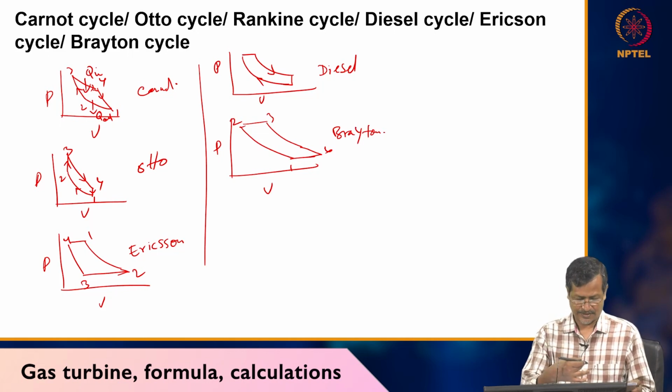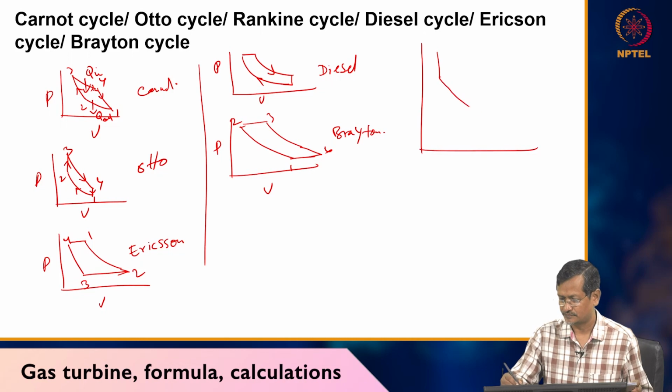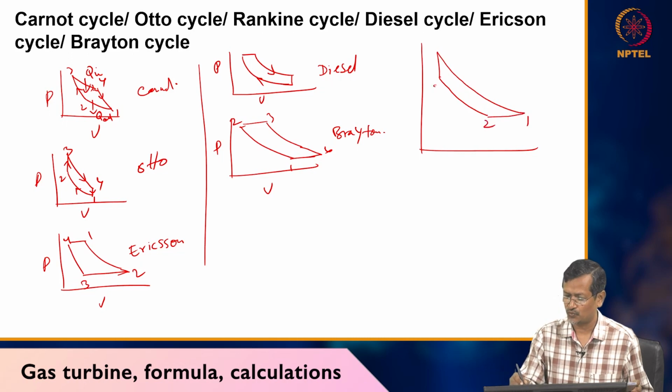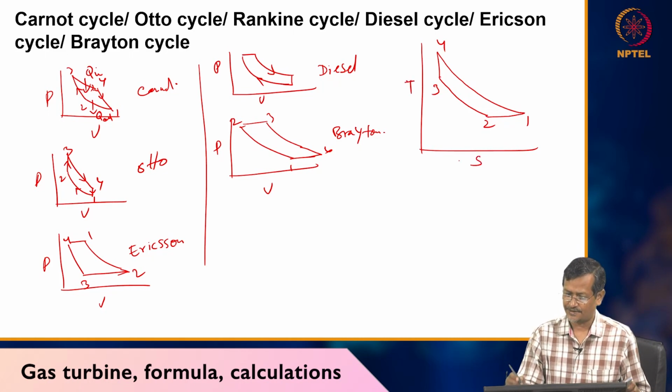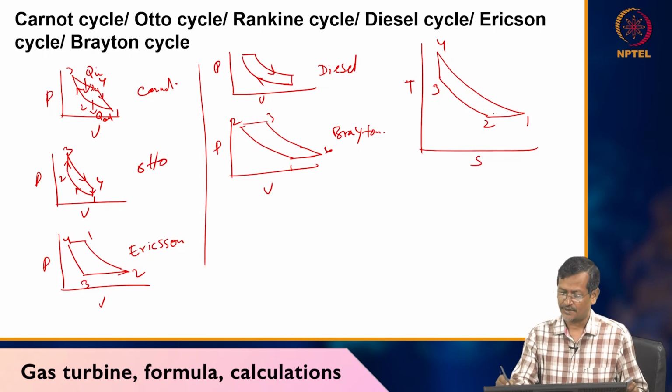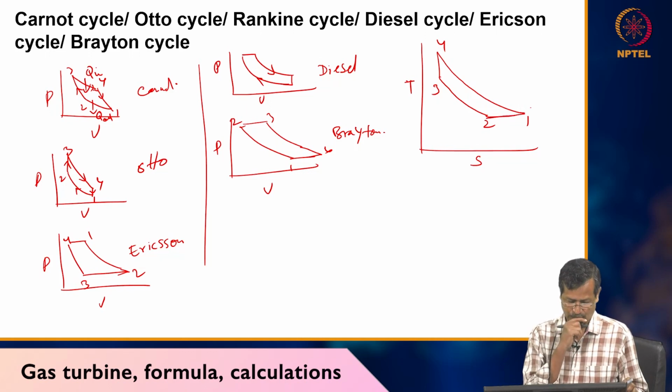If I draw these basic cycles, ignoring Ericsson, all in one common cycle, 1, 2, 3, 4, I want to draw all the cycles in one figure. Let's draw PV. First the Brayton cycle. 1 to 2 is a constant pressure process, where air intake happens. Then 2 to 3 you are compressing. In the Otto cycle, you can remember, 2 to 3 is vertical.